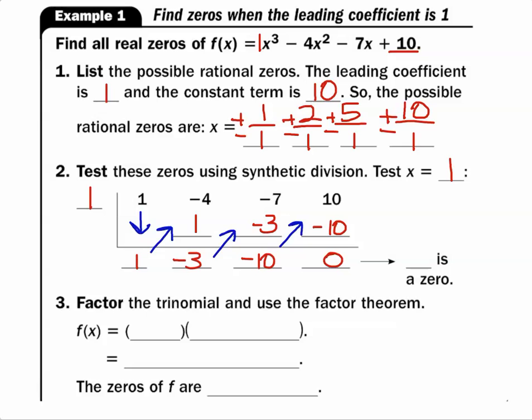So, we know, since it ends in 0, this is a big deal, we know that 1 is a zero. The number you test, if you get 0 left over, that means that 1 is a zero. That also means that we can factor it nicely. First of all, x minus 1 is a factor, and we get to use the leftover numbers for what's left.